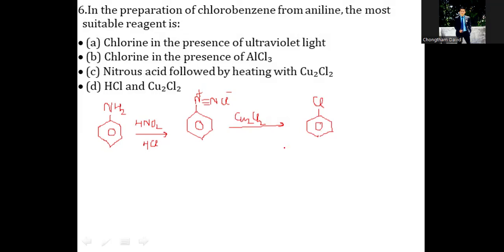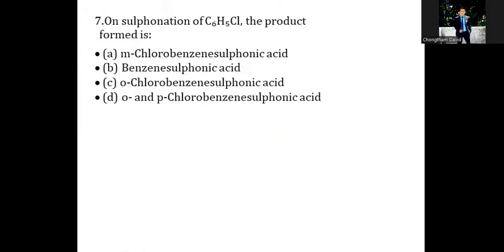So if you look carefully at the options, the correct answer for this question will be option number C: nitrous acid followed by heating with copper chloride, Sandmeyer reaction. Okay, Sandmeyer reaction. Let us see the next question, question number 7.